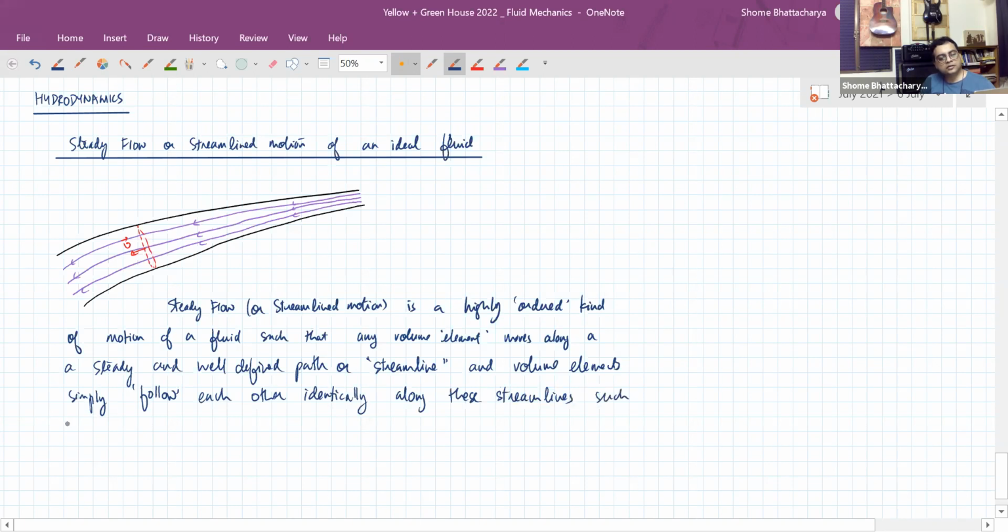such that at a given cross section, any fluid volume element will pass through with the same identical velocity.